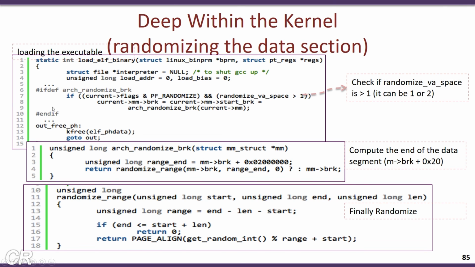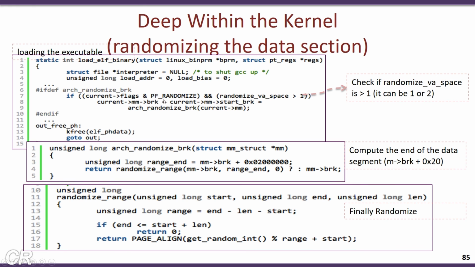there is an if condition present here where we check whether this randomize_va_space is greater than 1. Recollect that in Linux systems, randomize_va_space would take 3 values: 0, 1 or 2. If the value is either 1 or 2, it would mean that ASLR is enabled on that particular system.